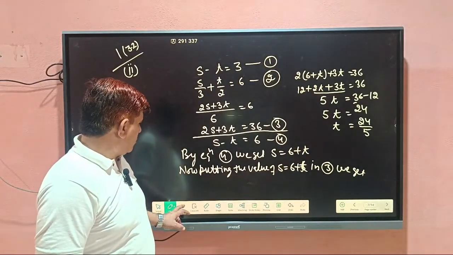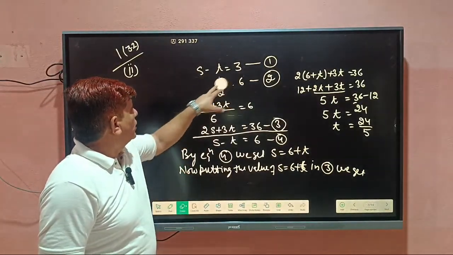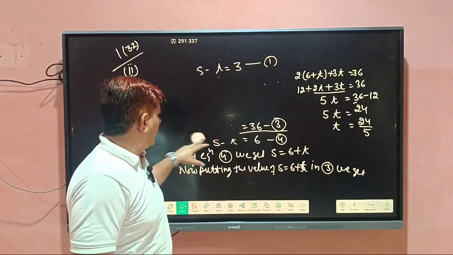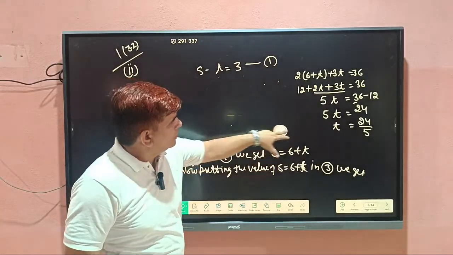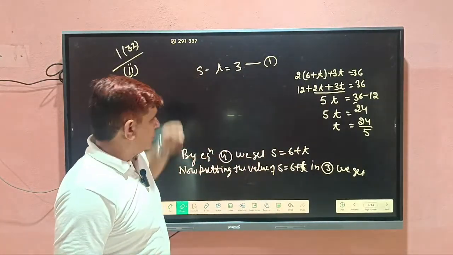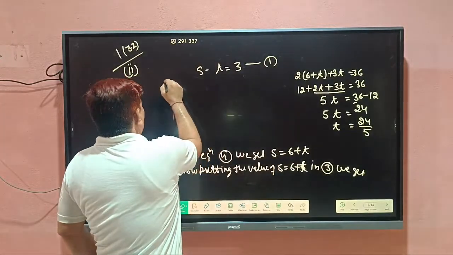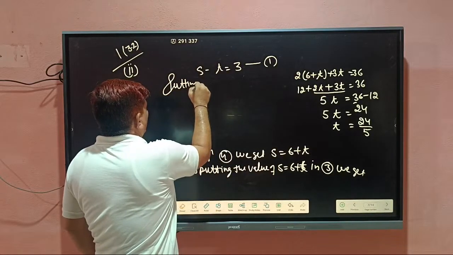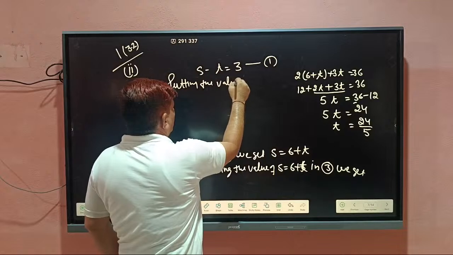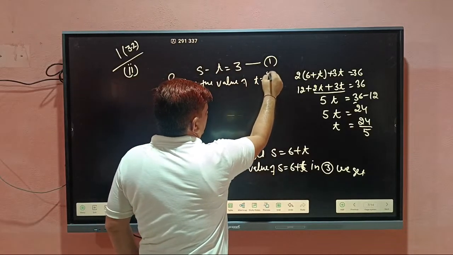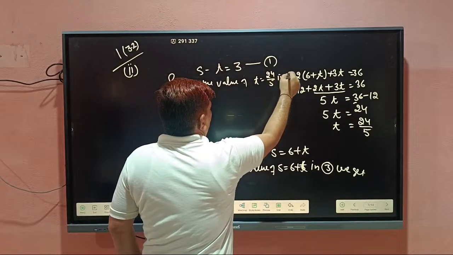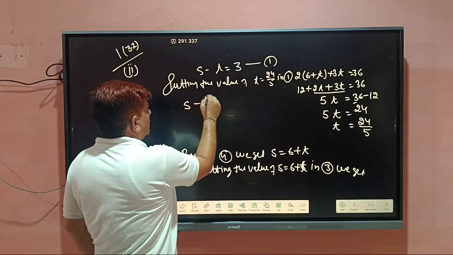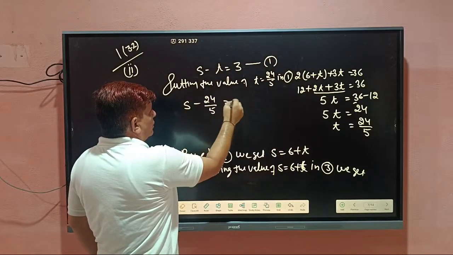Understood? Now what can we do? Putting the value of t equal to 24 by 5 in the first, we get s minus 24 by 5 is equal to 3 by 1.